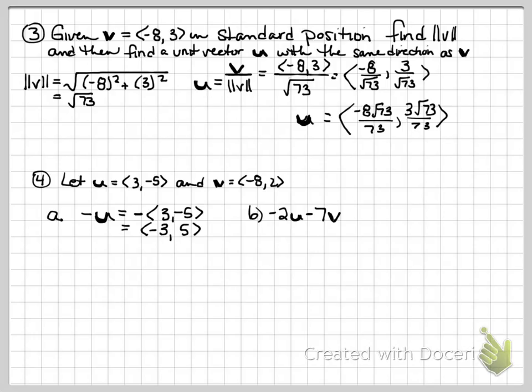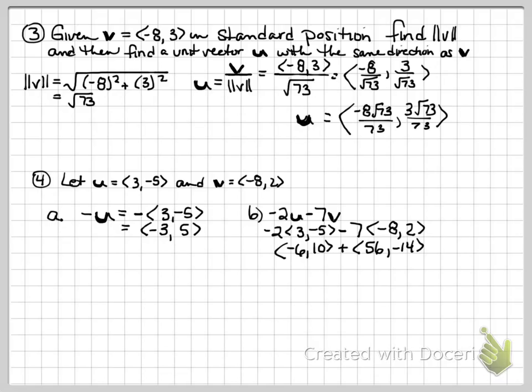So that's going to be negative 2 times the components <3, -5> minus 7 times the components of v, which is <-8, 2>. So distribute, and I get <-6, 10>. Negative 7 times negative 8 is positive 56. Negative 7 times 2 is negative 14.